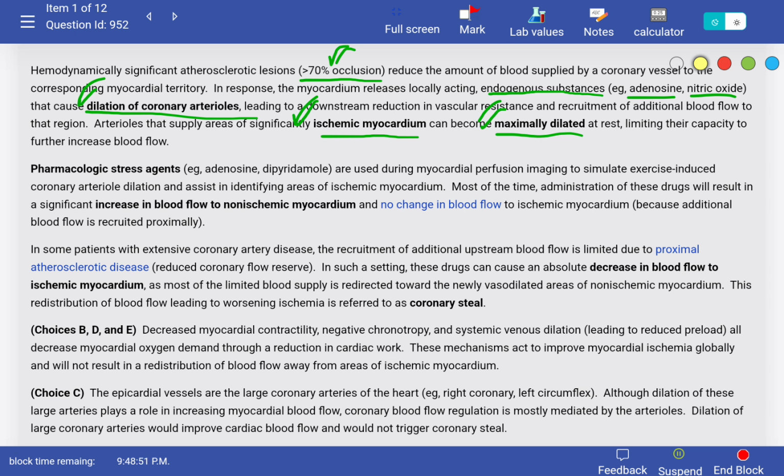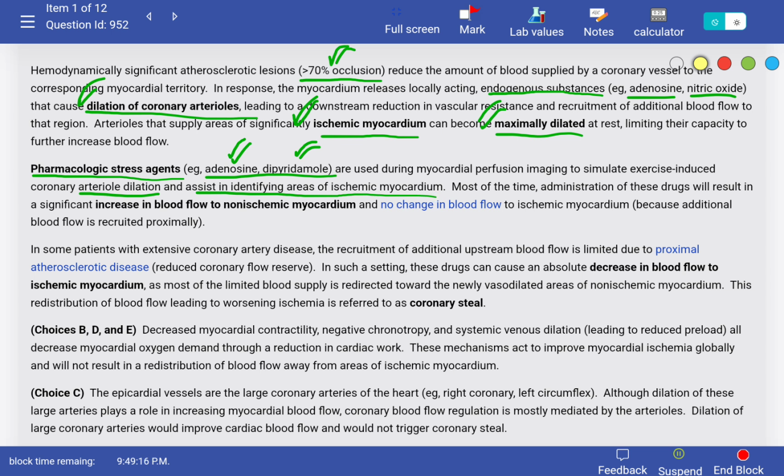Now, pharmacologic stress agents, which are used most commonly, like adenosine and dipyridamole, right, are used during myocardial perfusion imaging to simulate exercise-induced coronary arterial dilation, and assist in identifying areas of ischemic myocardium, whether ischemia is present or not.